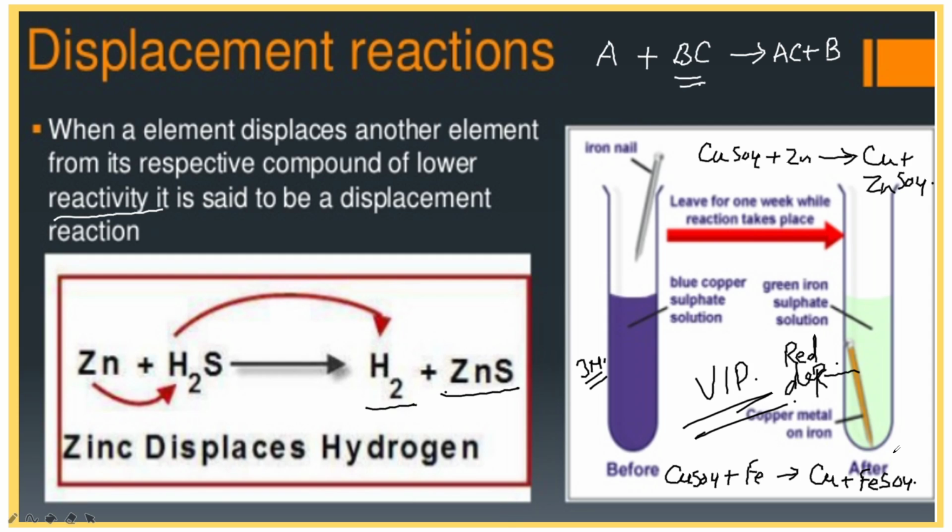The ability of an element to displace another element from a compound can be understood with this activity. From copper sulfate, iron displaced copper, and zinc also displaced copper.